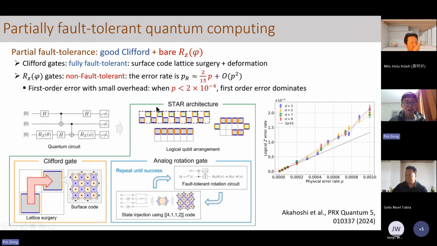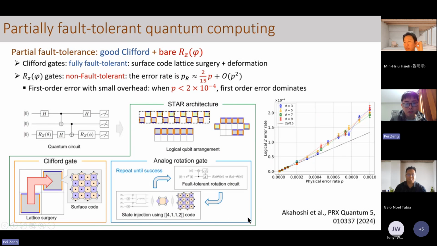This kind of hybrid quantum circuit can already go beyond the capacity of classical simulation, as demonstrated in this paper. But the downside is that their rotation gate is non-fault-tolerant, because the error rate is still linear in the physical error rate. So their capacity is quite limited. You cannot do many useful applications.